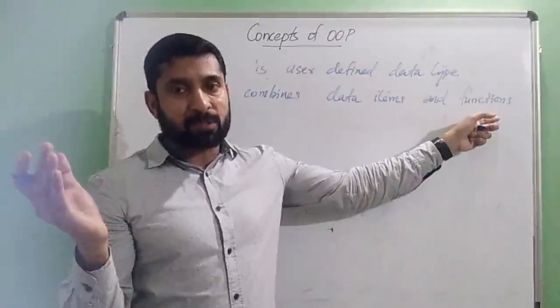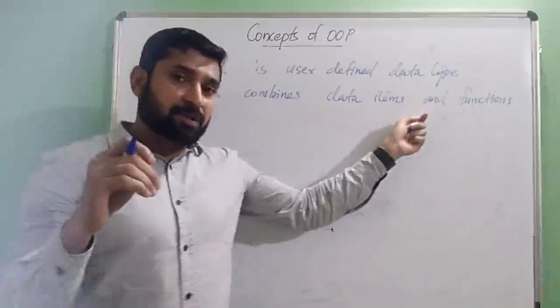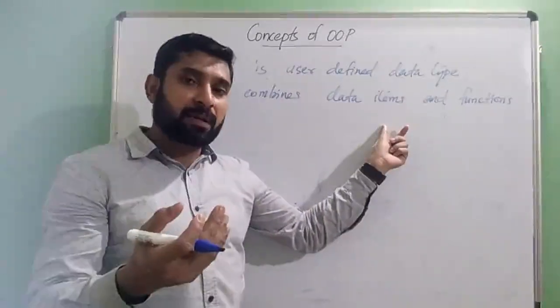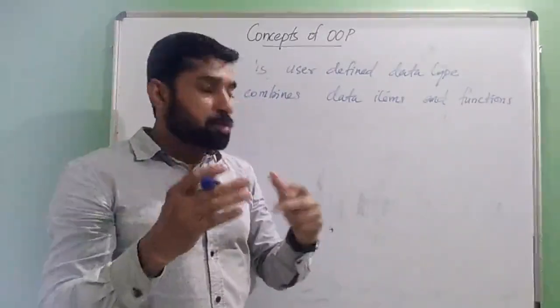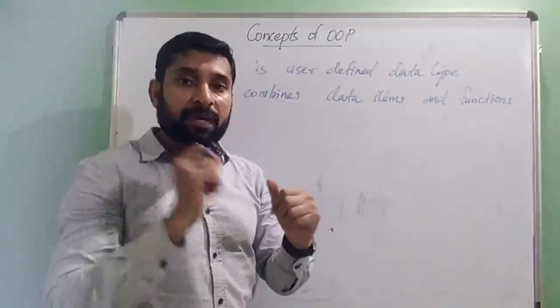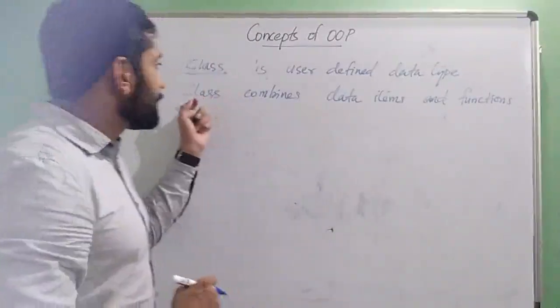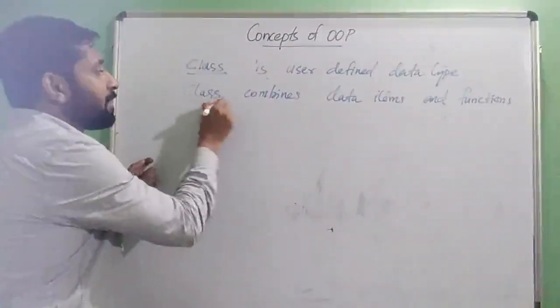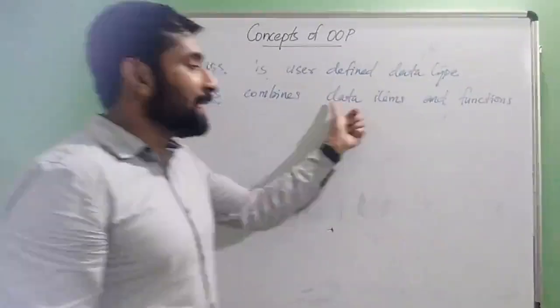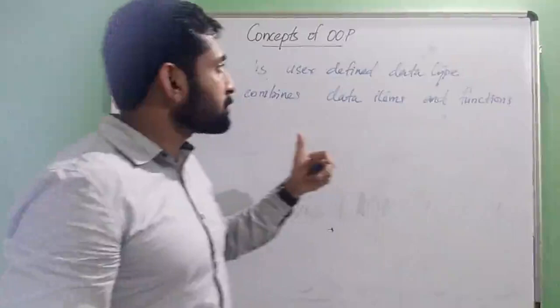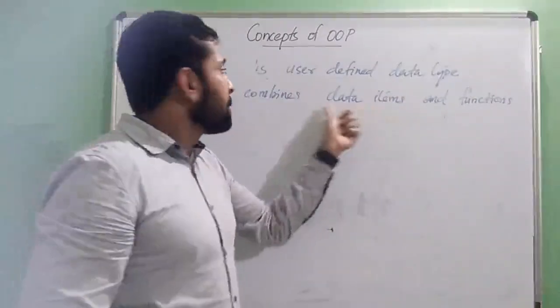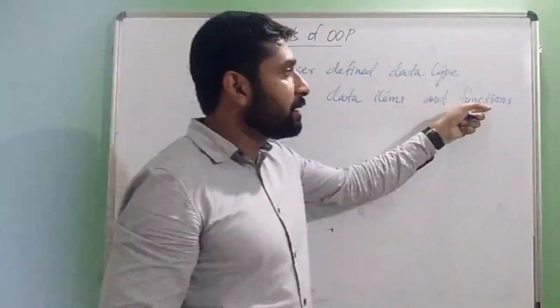We have seen that a structure is a user-defined data type that combines logically related different types of data items. Here, a class combines data items and functions. So apart from a structure, a class contains a function.